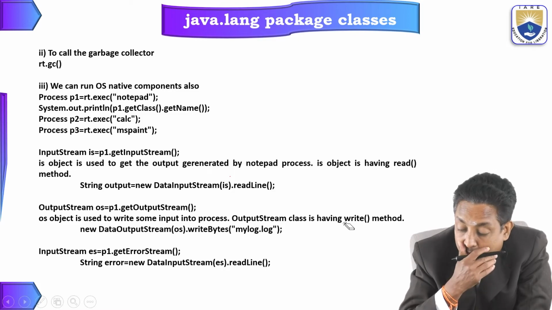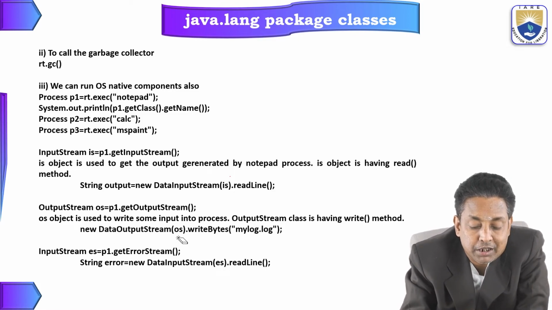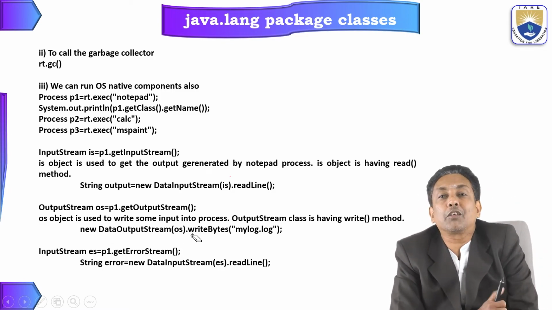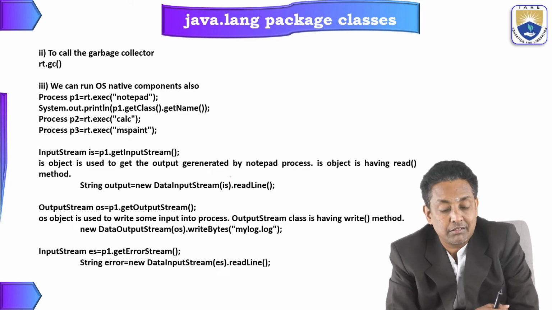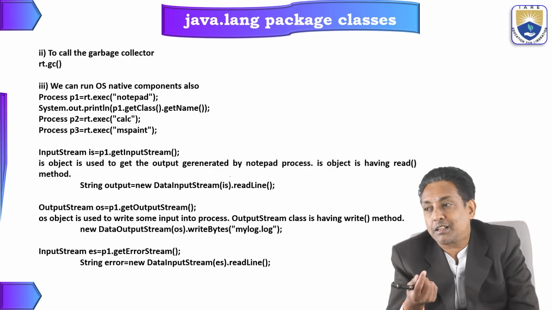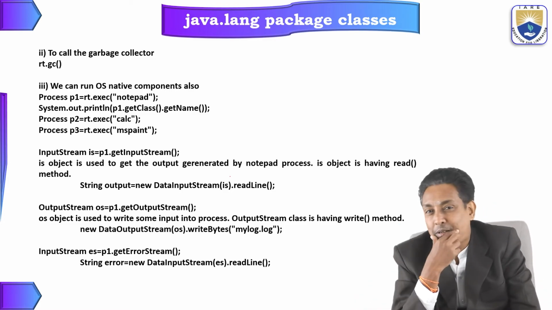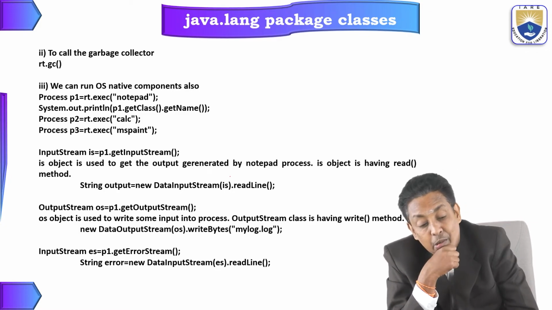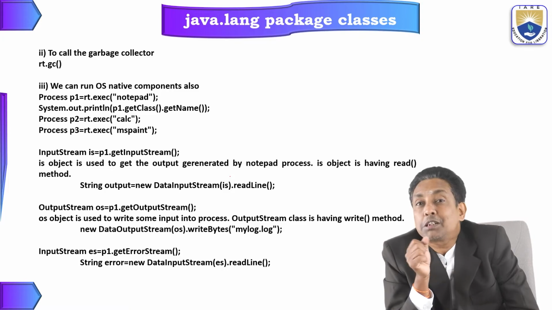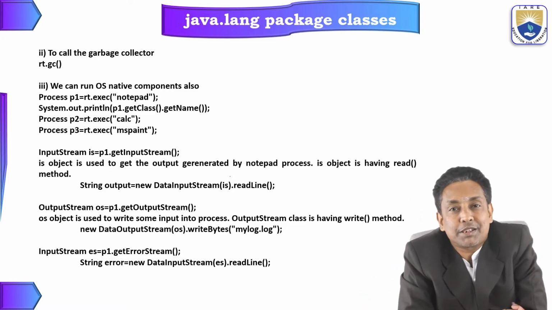The OutputStream class has a write method. So you give the output stream object to the DataOutputStream class. DataOutputStream has methods called writeBytes, writeChars. Why is it named DataInputStream and DataOutputStream? Because these classes have read and write methods that take different data types as arguments.